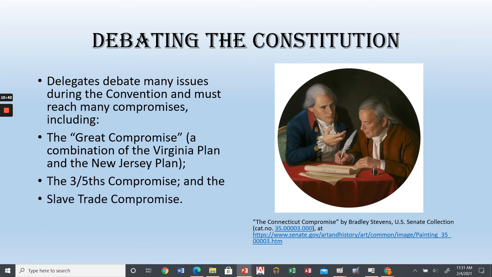And the last one we're going to talk about is the slave trade compromise. Most of the northern states had already outlawed the slave trade. And they were worried that, again, if a state could get more representatives in Congress simply by importing a whole lot of slaves from Africa, well, then the South would basically have all the power in the country.